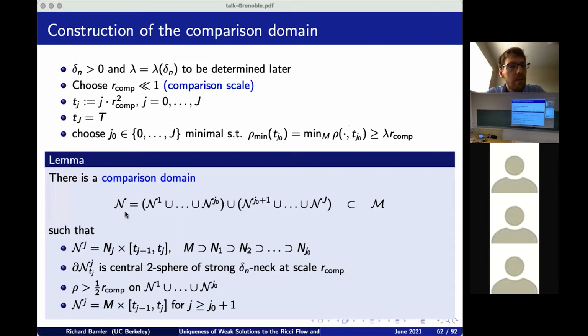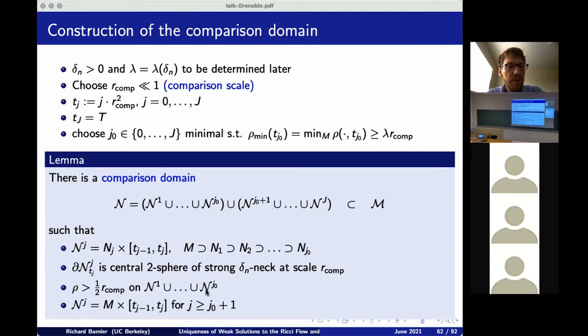This comparison domain should be a union of product domains of this form, where the T_j's are R_comp squared away from one another. So R_comp is our comparison scale. We wanted these domains to be bounded by central two-spheres of strong delta_n necks, where delta_n is a constant that we're going to choose later, at scale R_comp.